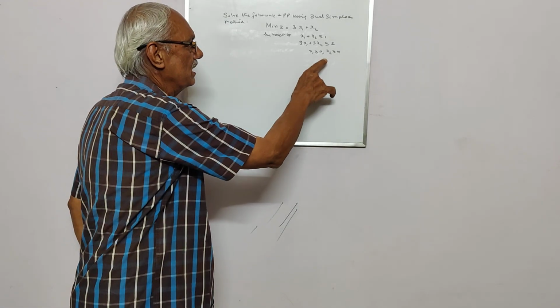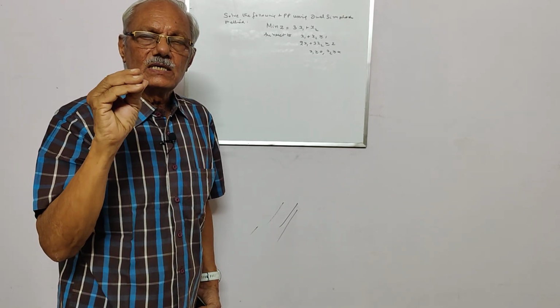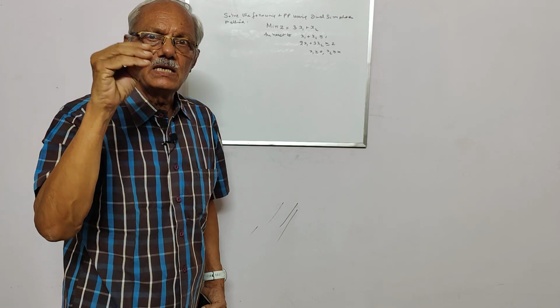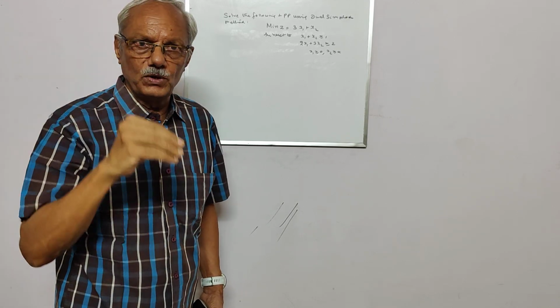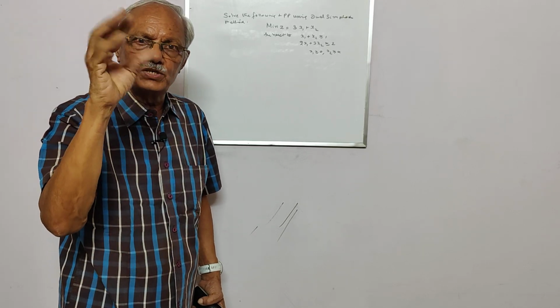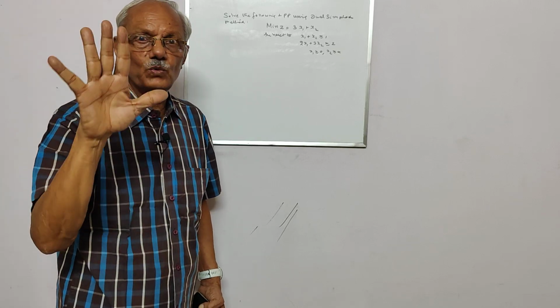That is, x1 and x2 both are non-negative. This is a small introduction about the linear programming problem. A linear programming problem is nothing but optimization of an objective function subject to certain constraints. This is what we should know.